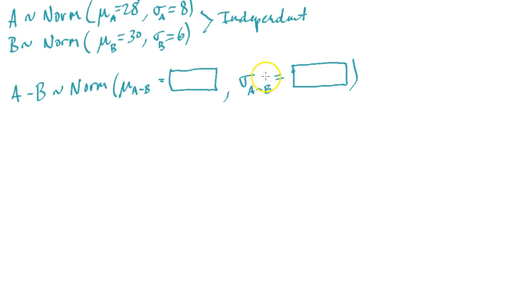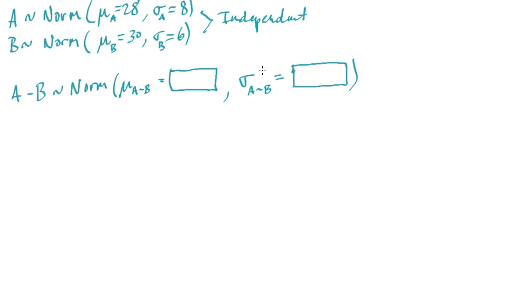Standard deviation is the square root of variance. Either way, we can use the calculations involving independent variables. I think you know what to do with this, but this is the distribution we want to build, the distribution of A minus B.